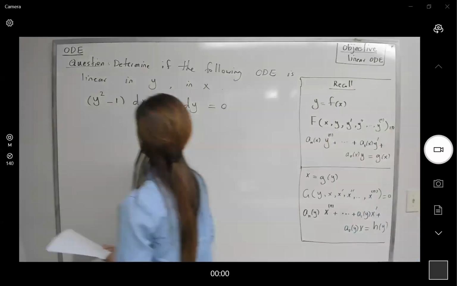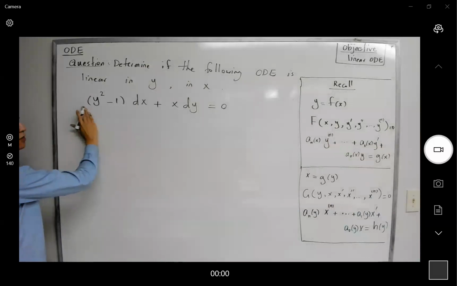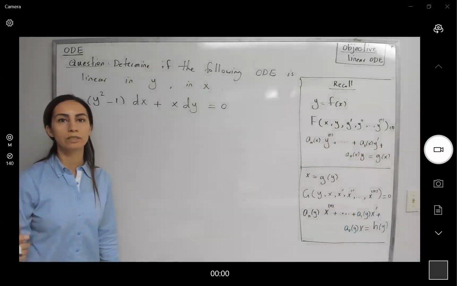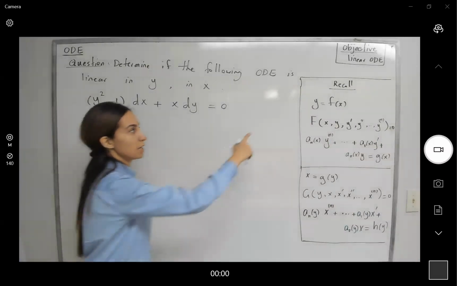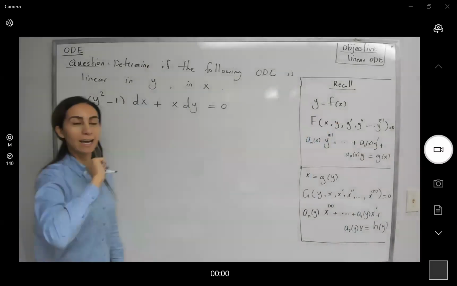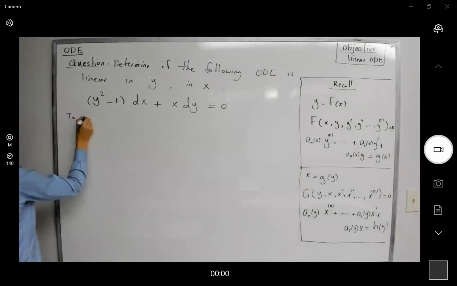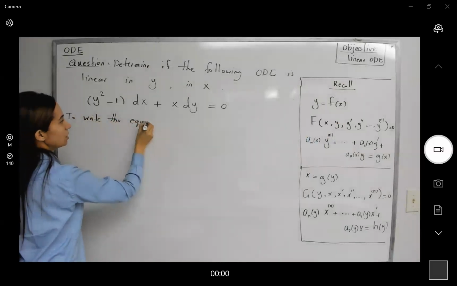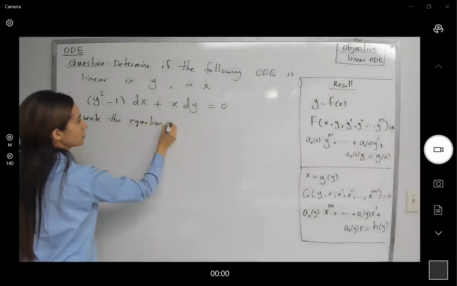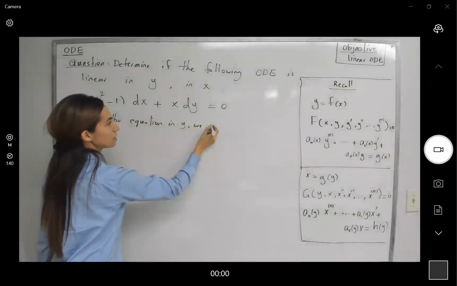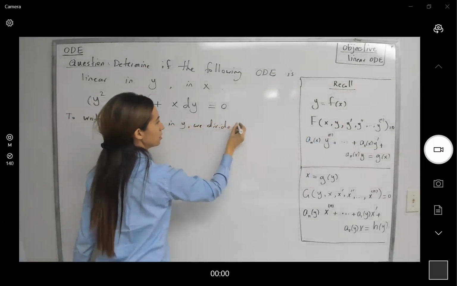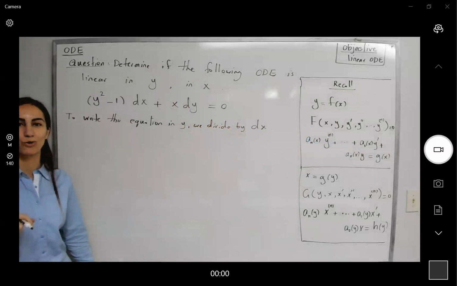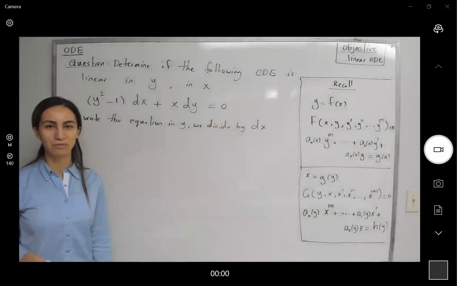Very well. So suppose you want to write this differential equation in y. What's the meaning of that? It means that y is a function of x. To write this equation in y, we divide by dx. Why is that? We want to create dy over dx, the derivative of y.